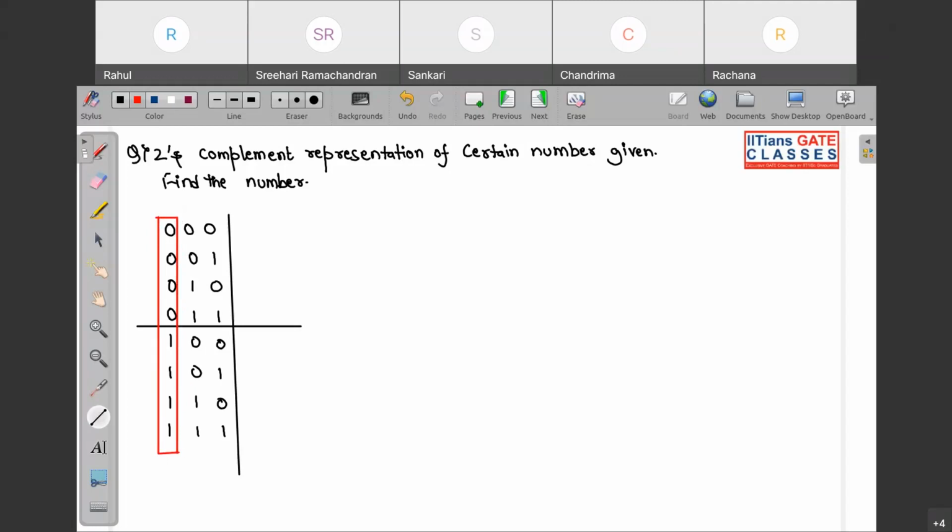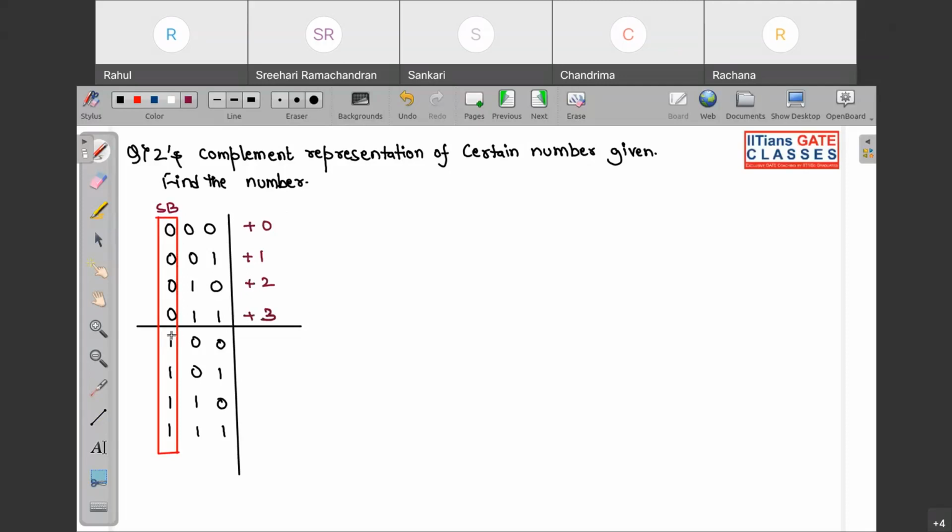In any kind of representation, sign magnitude, one's complement, or 2's complement, the leftmost bit is always your sign bit. So don't forget that. Here you can see this is your sign bit. For the first 4 cases, as the sign bit is 0, these are all positive numbers. So this will be plus 0, plus 1, plus 2, and plus 3.